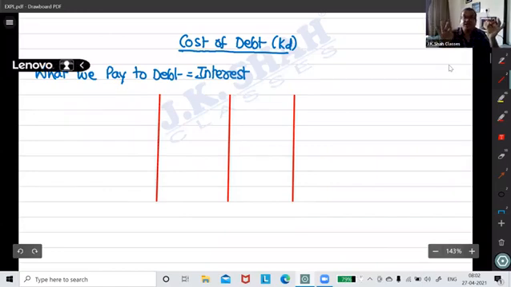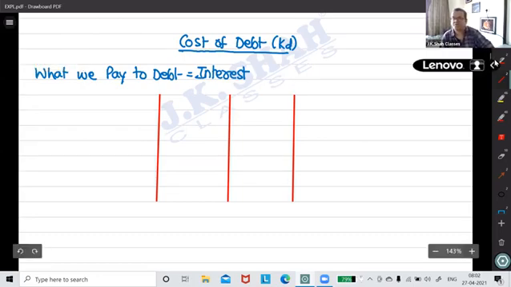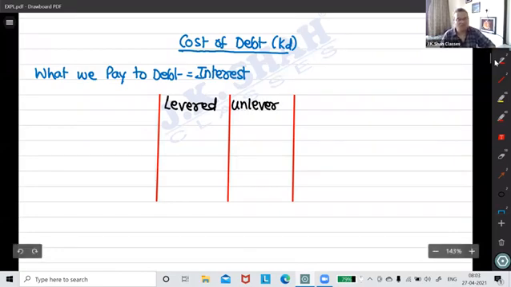Levered means one which has debt in its capital structure, and unlevered is the one which does not have debt in its capital structure. So one of our firms is levered, and the other firm is unlevered. Let's say their EBIT for both firms is 10 lakh.